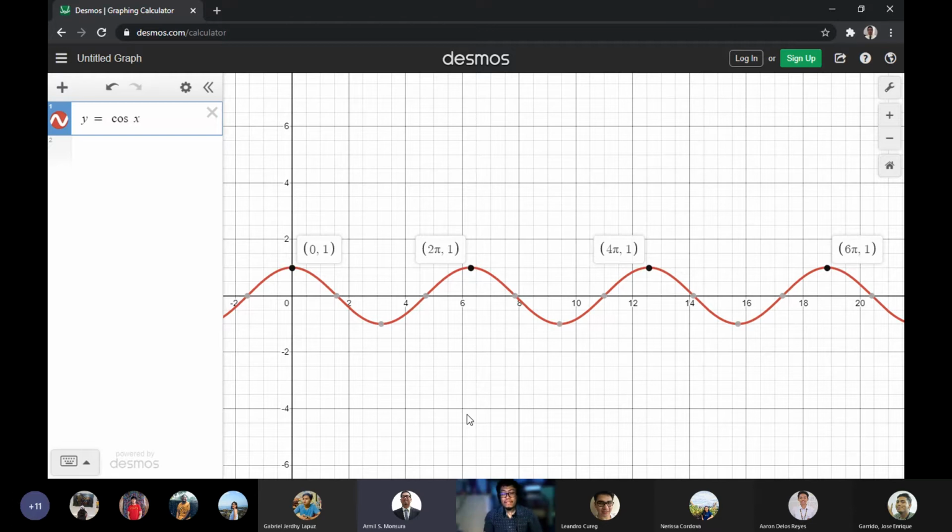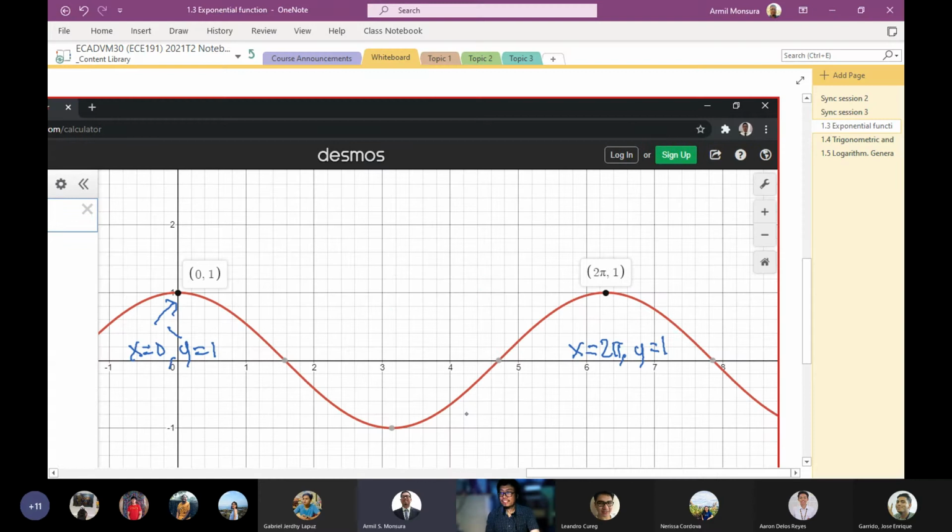So it means that for every x, when your x equals 0, 2 pi, 4 pi, 6 pi, and so on, the value of your function is 1.